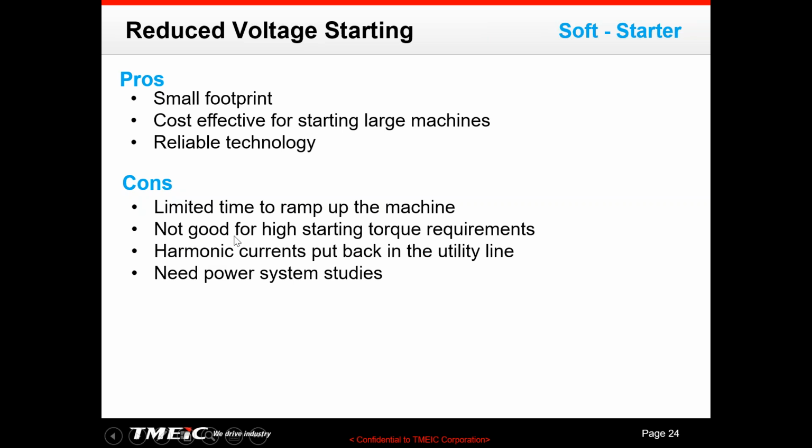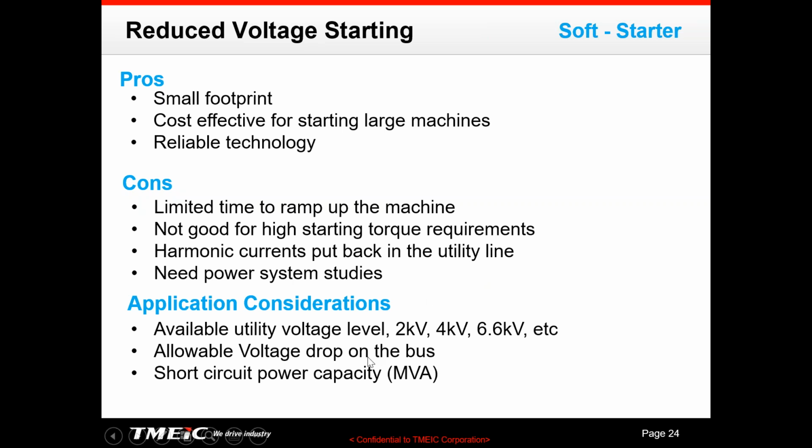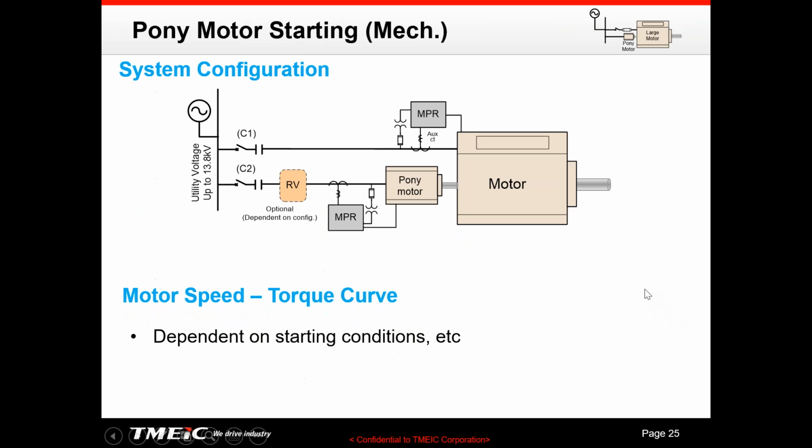It's also not good for high starting torque requirements, or for harmonic currents put back into the utility line; you need power system studies. Also, you need to look at other application considerations, like the available utility voltage level, the allowable voltage drop on the bus, and short circuit power capacity.